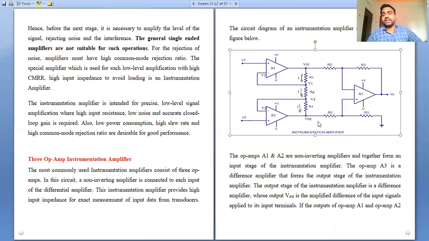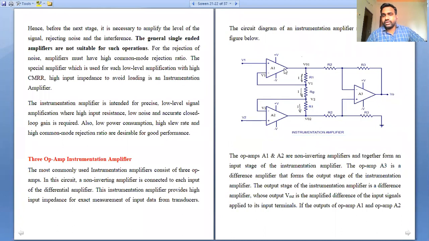This is a special arrangement, and we are using a differential amplifier together with voltage follower circuits, or buffer amplifier circuits. At the outputs of the voltage followers A1 and A2 we observe the output voltage, and this output is given as an input to the differential amplifier.